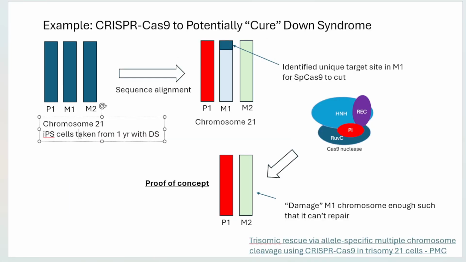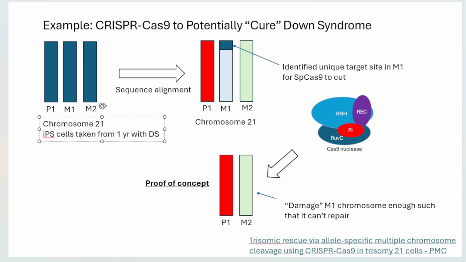So in Down syndrome, you've got 3 copies of chromosome 21. So this Japanese study took iPS cells, which is just pluripotent stem cells, from a 1-year-old with Down syndrome. And this 1-year-old had 1 paternal and 2 maternal chromosome 21s.